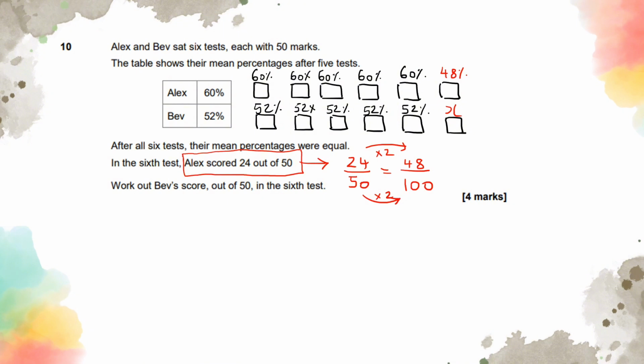So for Alex, we have 1, 2, 3, 4, 5 lots of 60% plus the 48% divided by 6. And this is going to give us the average percentage for all of the tests he took. So the average percentage here is going to be, when I type this into my calculator, 58%.